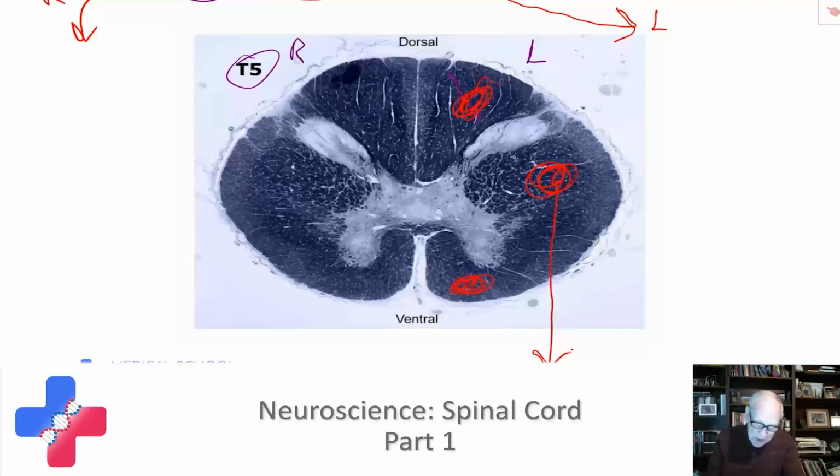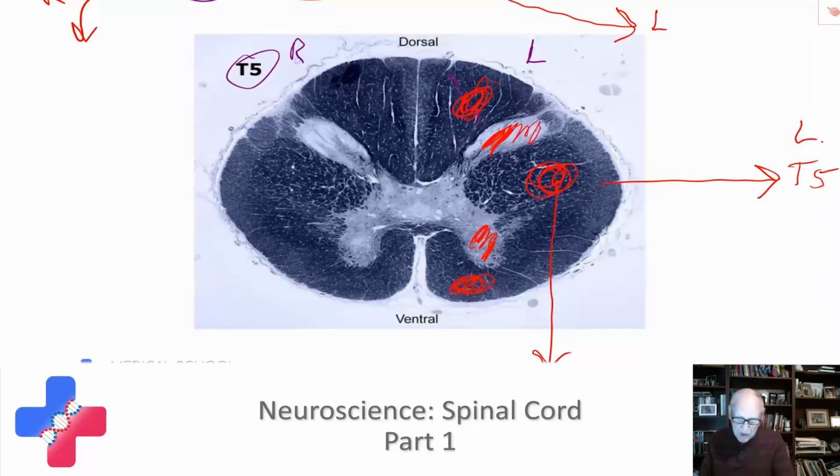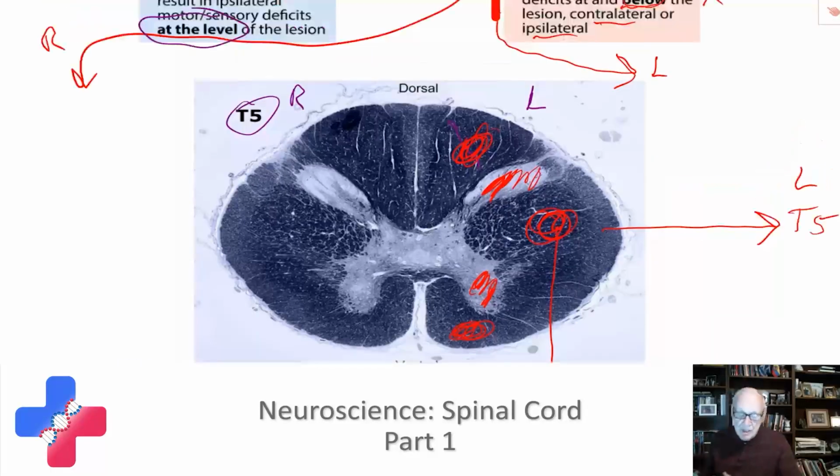But notice if you damage the gray matter at T5, you're going to affect horizontally, and you're only going to affect the T5 nerve on the left side. So again, notice the rules are fairly straightforward. Those are two very critical areas of information that are going to be most important as you go through and try to localize lesions. All right.